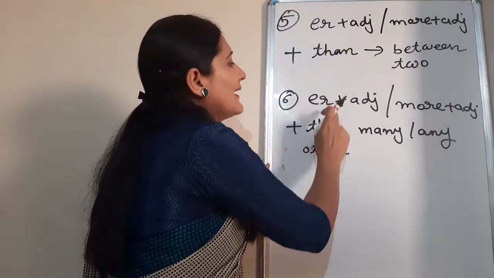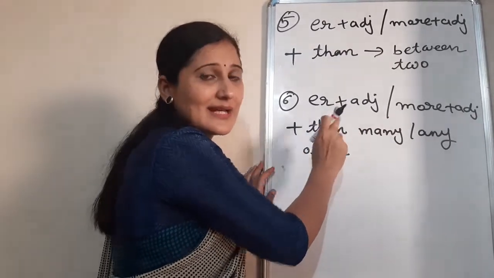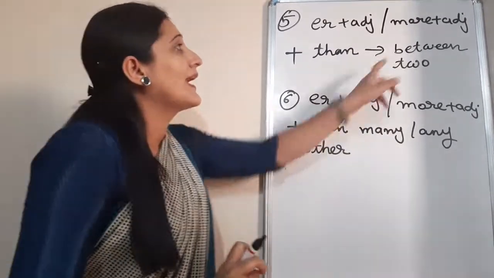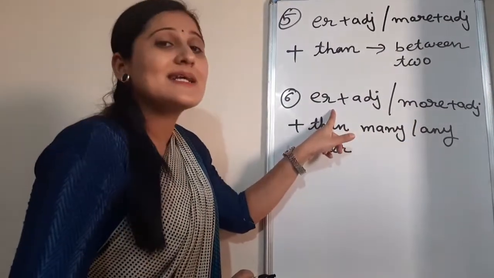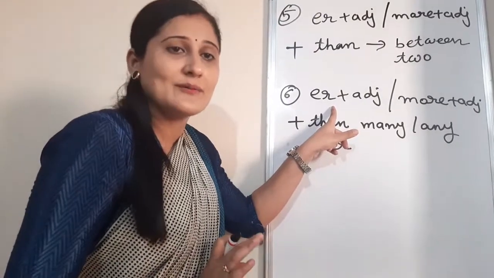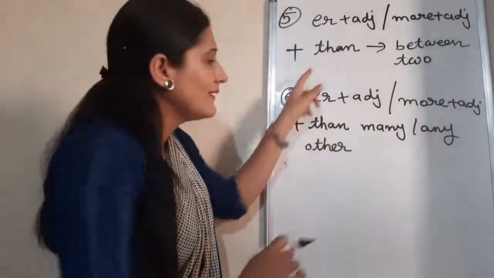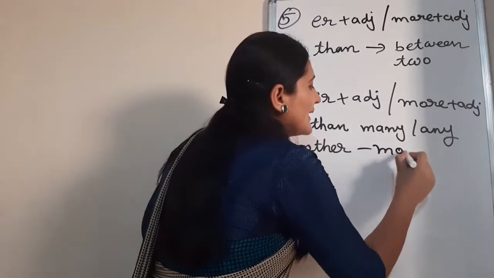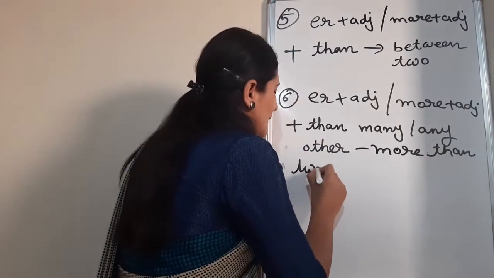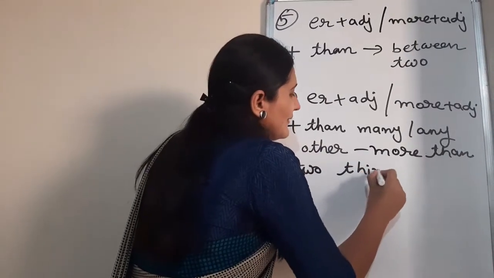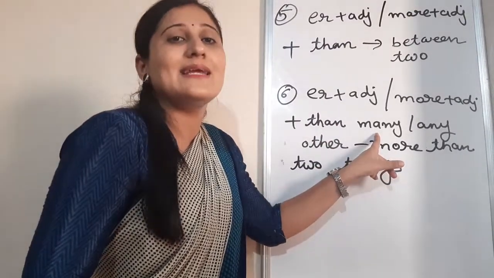So see, er plus adjective: stronger, smaller, bigger, right? I told you er you need to add, and more plus adjective if the adjective is big, and er plus adjective if the adjective is small. Then if between two things, we need to add "than", and if more than two things, then we need to add "than many other" or "than any other".